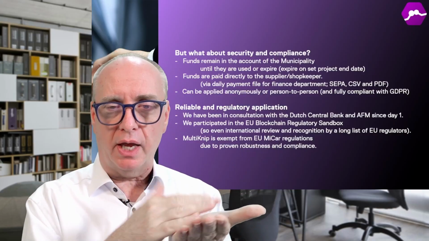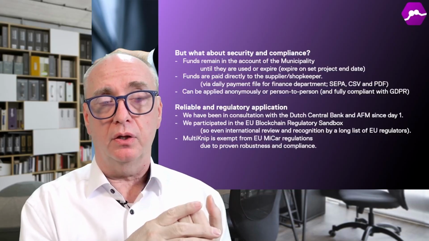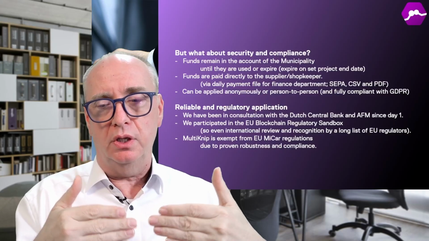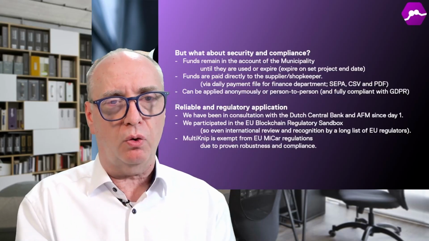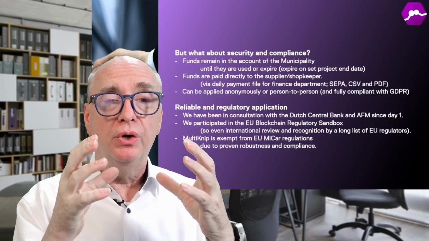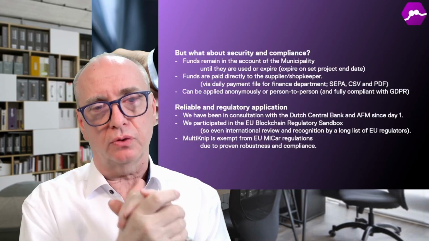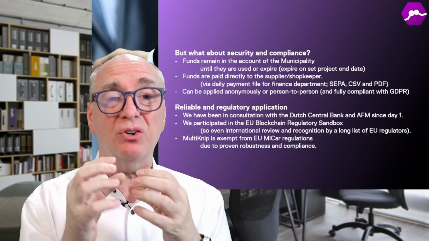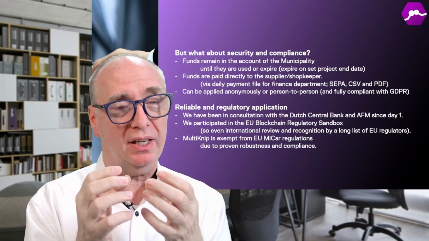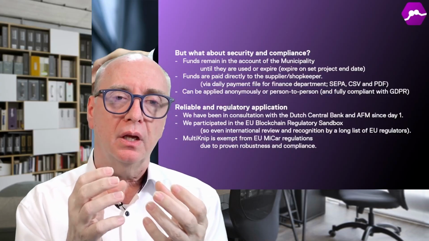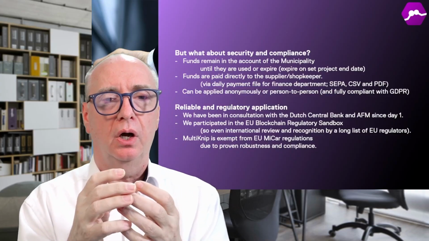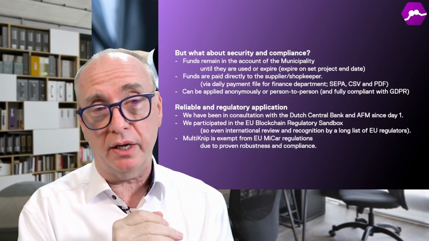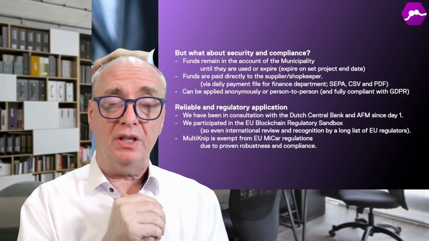Every coin has an expiry date where the issuer has a date, so the obligations to pay for these coins will end. The funds, the collateral for these coins, stay in the bank account and are paid directly from the bank account of the issuer, the city council or the company, directly paid to the bank account of the supplier, the shop, the vendor.